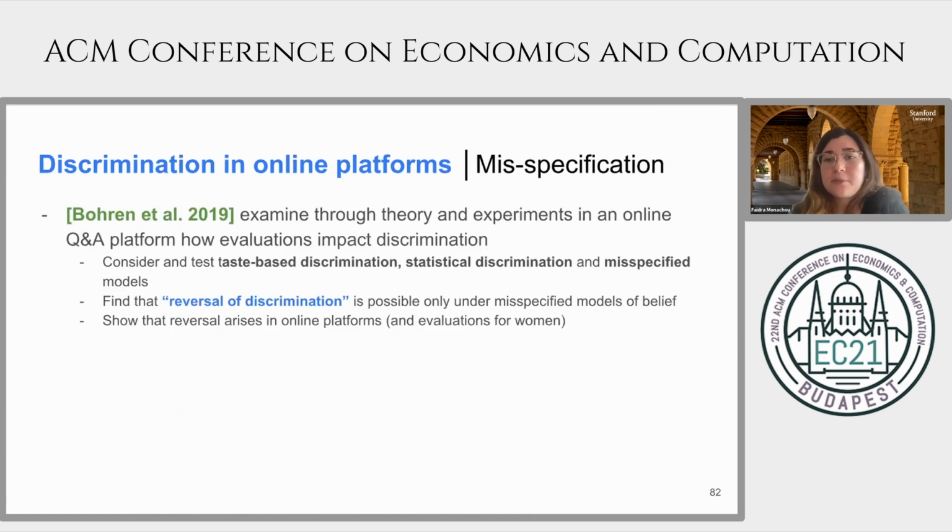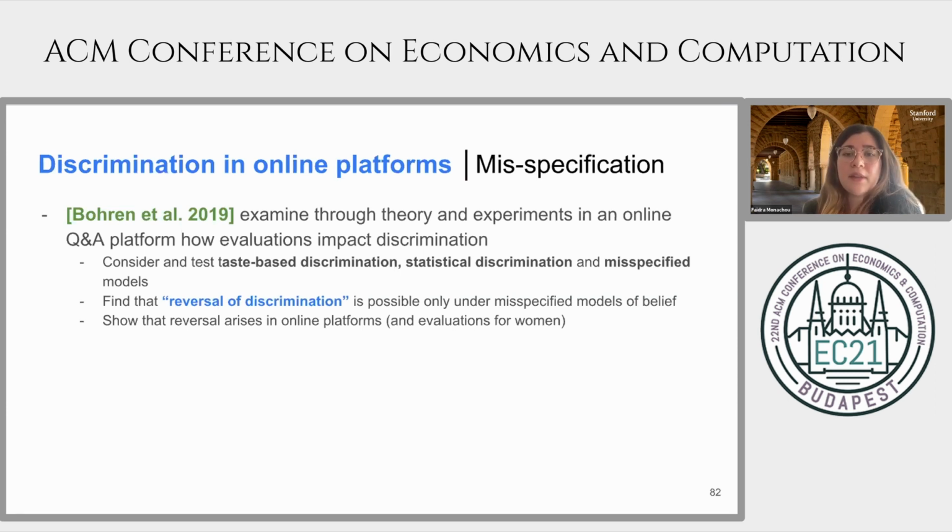And one particular explanation for the behavior of the users could be the proposed theory of mis-specification that we briefly discussed in the first part. So this paper by Bohren and others studies, through theory and experiments, how evaluations in these platforms impact discrimination.